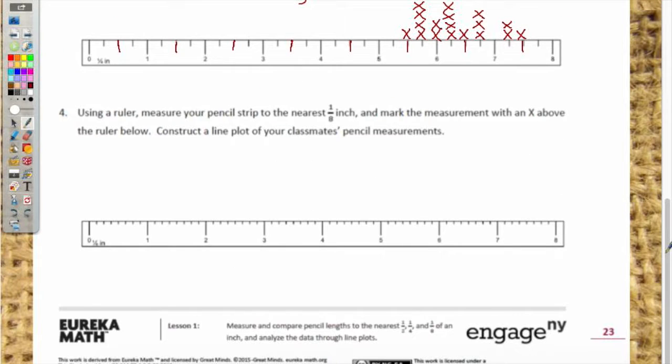Before we can do that, we've got to make this line plot easier to read. So make your 1/2 a little bit longer, and then your 1/4. Take a look at your ruler, because the lines get smaller the larger the denominator.